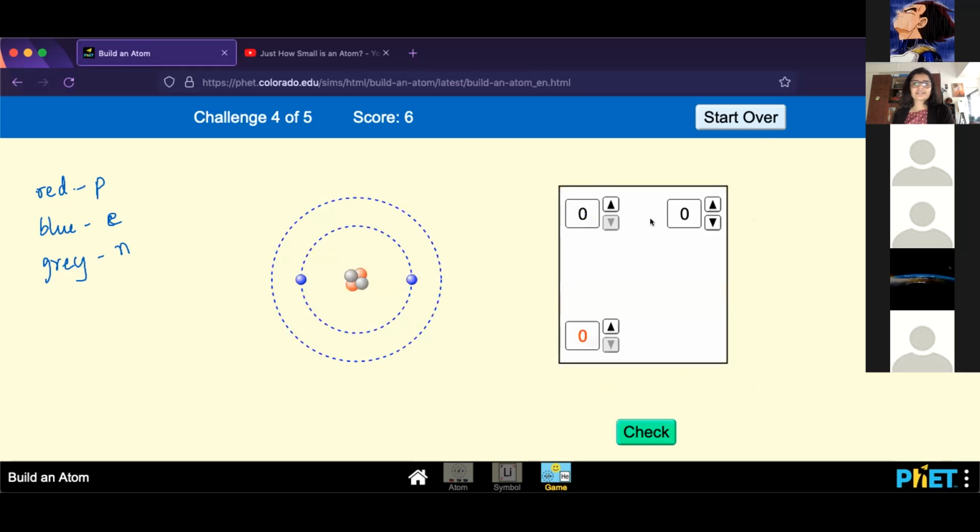Back to numbers. So यहाँ पे कौन सा number? 2. Yes, ma'am. Yeah, 2. Okay, what number over here? 4. What number over here?